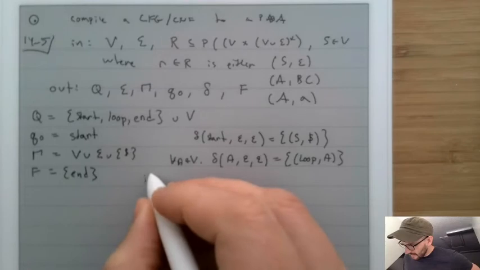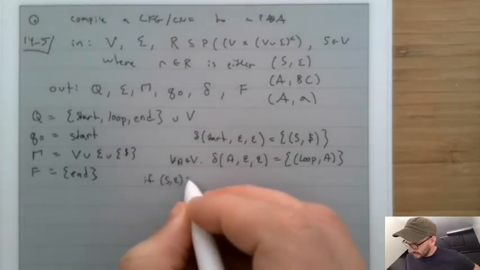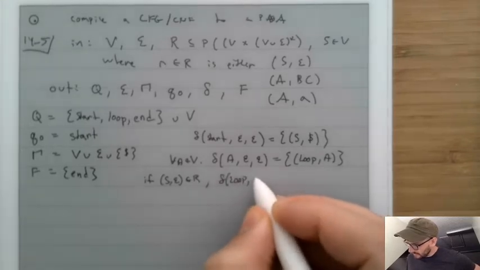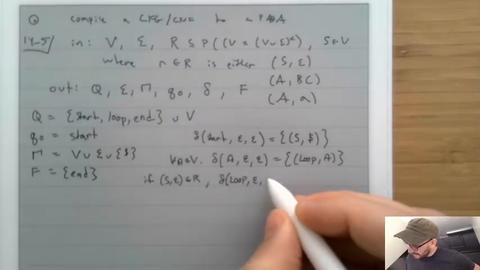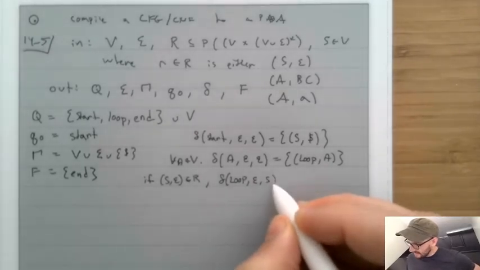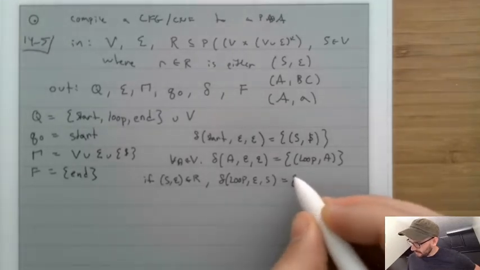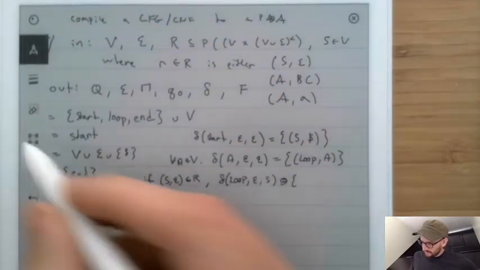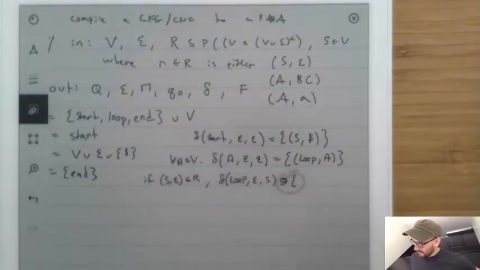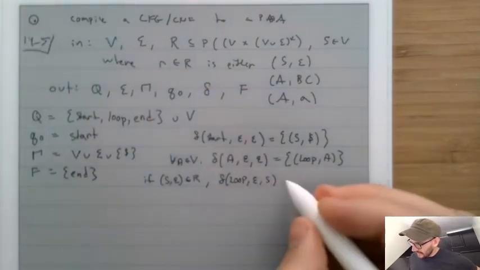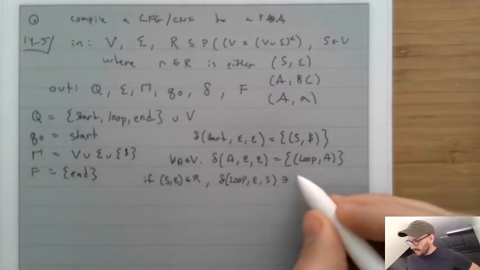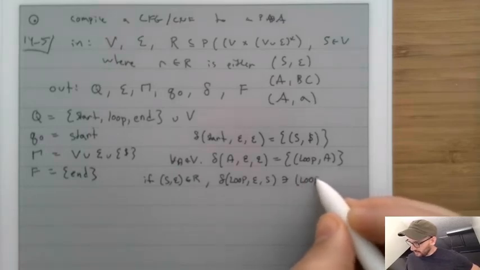So we'll say if S epsilon is inside of the rules, then delta of loop, epsilon, S prime will include loop, epsilon.